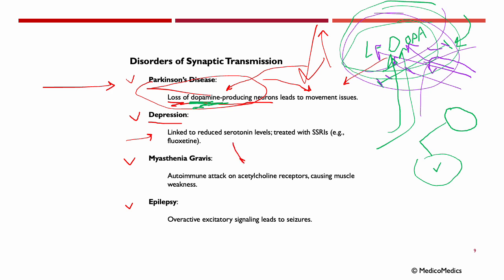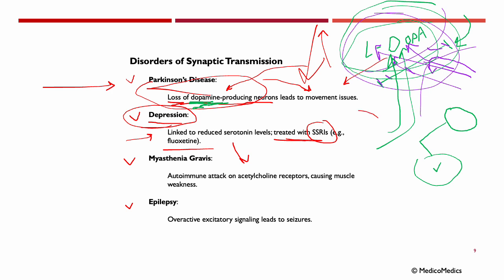And having lower serotonin levels can contribute to symptoms like persistent sadness, loss of interest in daily activities, fatigue, etc. What we essentially call depression. And what we do is we treat it with something called SSRIs, like fluoxetine, also known as Prozac.